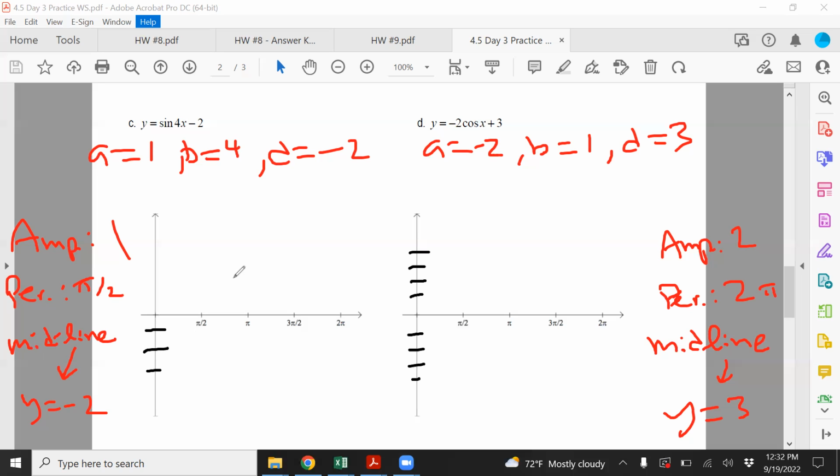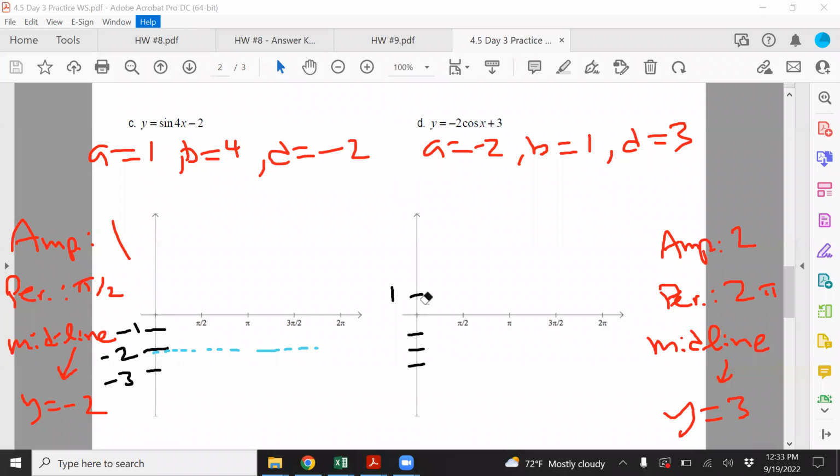Hold on a sec here. So your midline is here. And this one, oh, darn it.